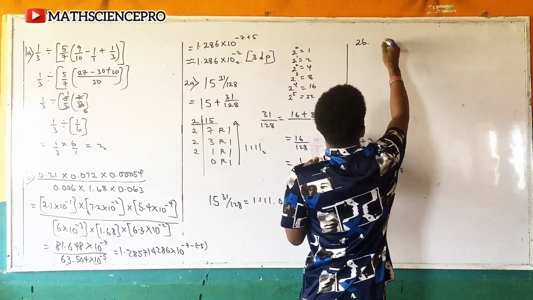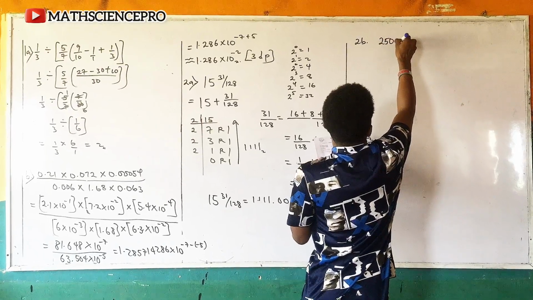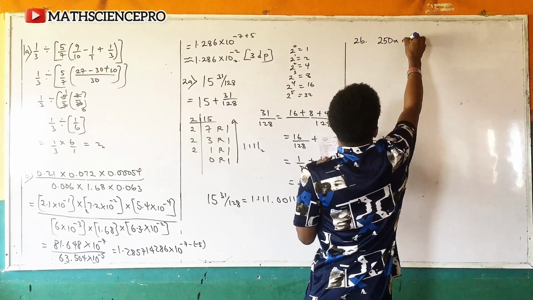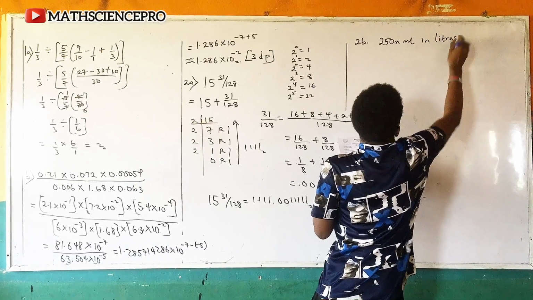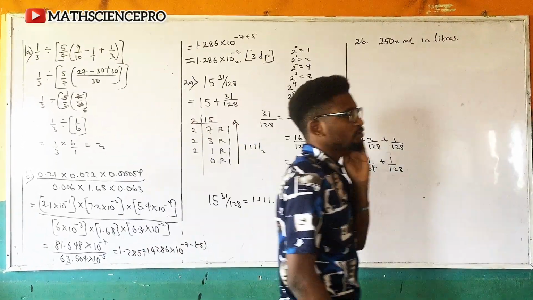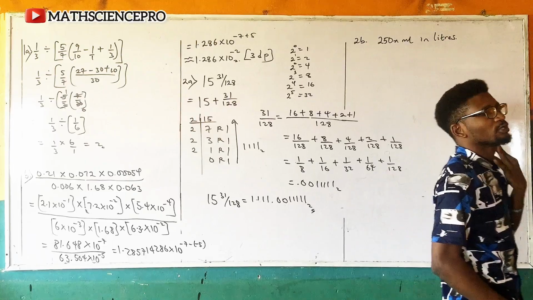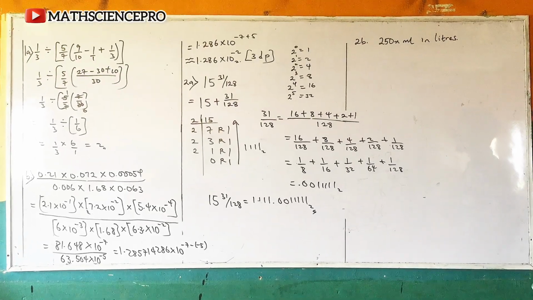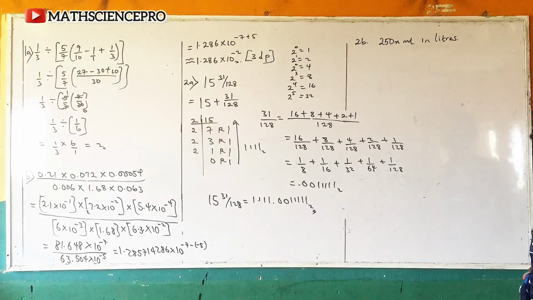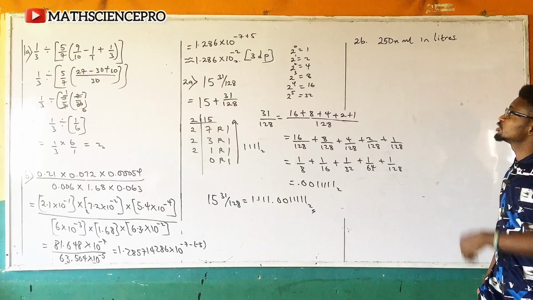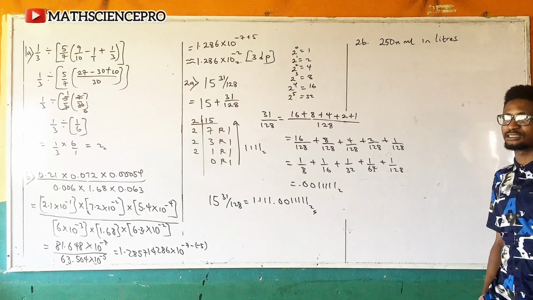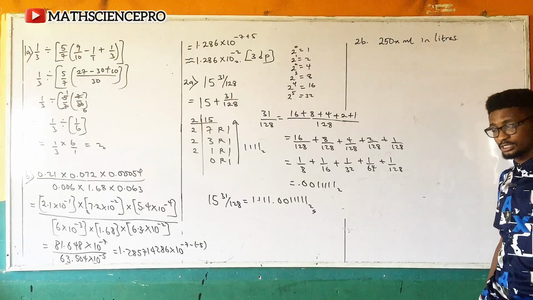Trying to express 250x milliliter in liters. So from our conversions, how many milliliters are going to give us a liter? The moment you know the number of milliliters that will give you 1 liter, you're just trying to express 250x in the same liters.